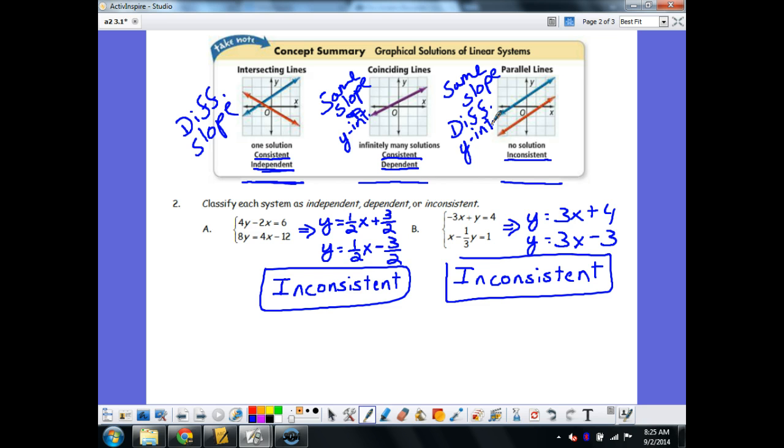If they have the same slope, then you have to look at the intercepts to determine whether they are coinciding or parallel. If they have different slopes, you can stop there. You know it's an independent system where the lines intersect in one point. The next video, starting next week, will involve solving these systems algebraically.